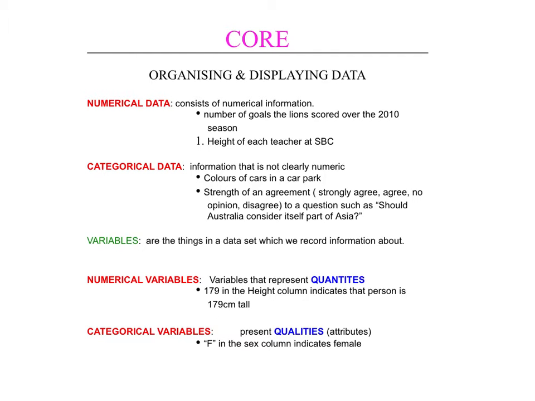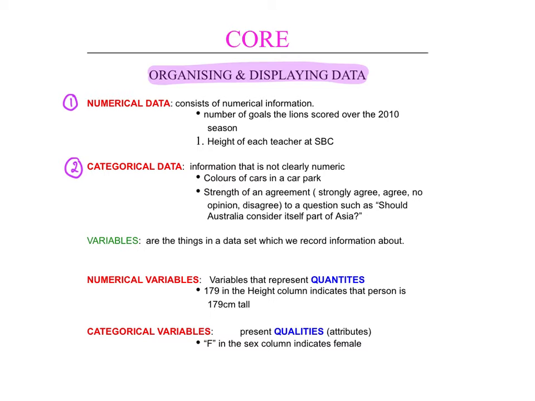Okay, so the first part of it is obviously we are collecting data. So we go out and we collect data. So we have two major types of data. The first type, we could have numerical data, and the second type is we could have categorical data.